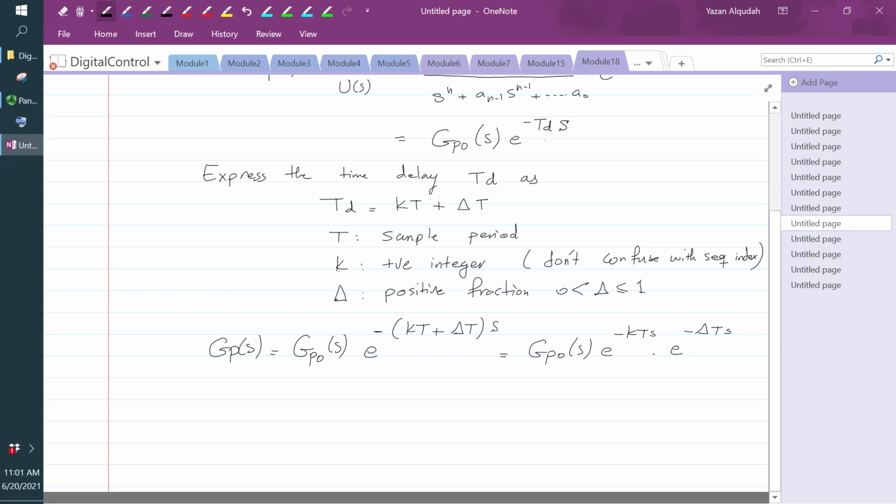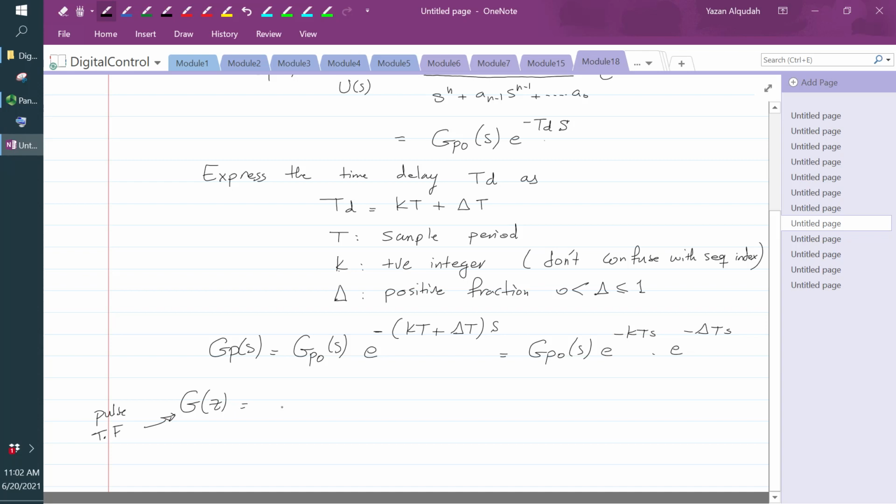Now what we're going to do is calculate the pulse transfer function. What I want to calculate is G of Z, the pulse transfer function.